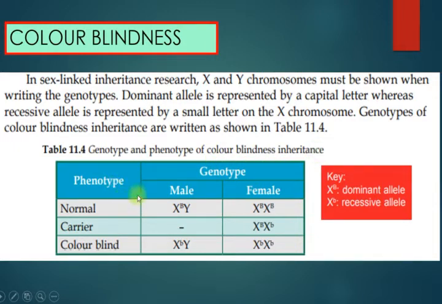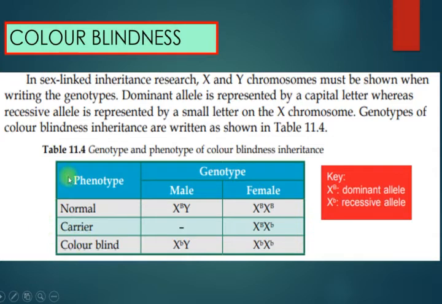There are three types of phenotype: normal person, carrier for color blindness, and color blind. Color blind refers to a person that cannot distinguish between red and green colors.